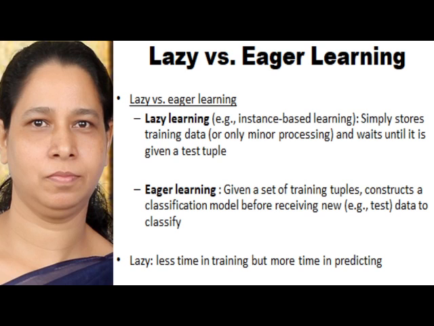Since lazy learners store the training tuples or instances, they are also referred to as instance-based learners, even though all learning is essentially based on instances. Since they store all the training tuples, they need efficient storage techniques.